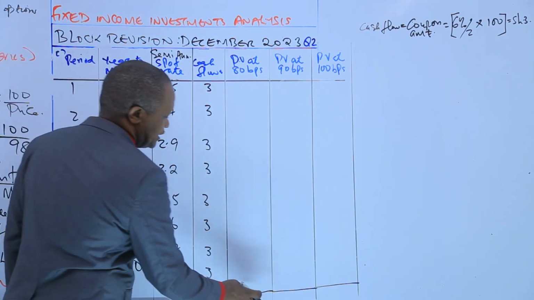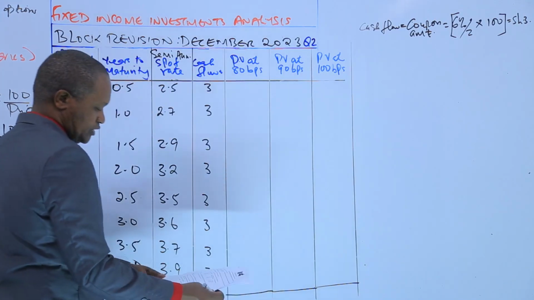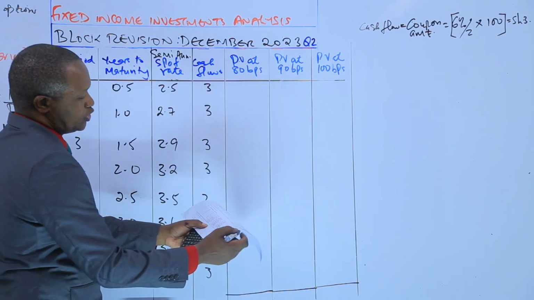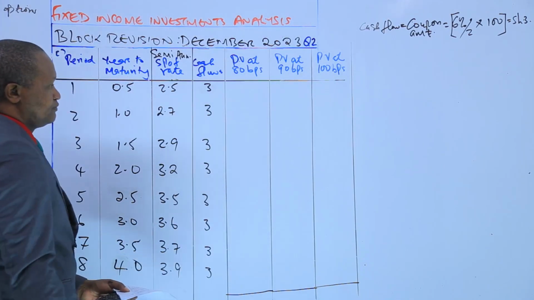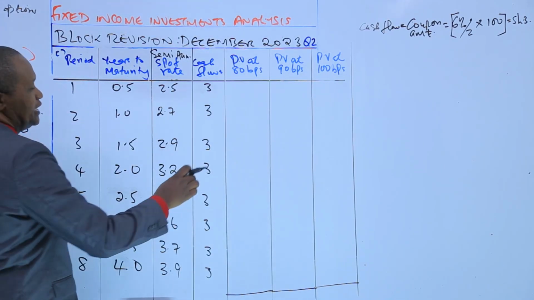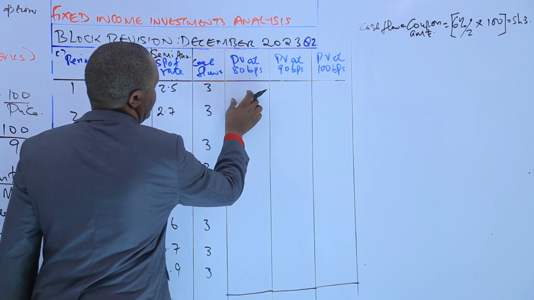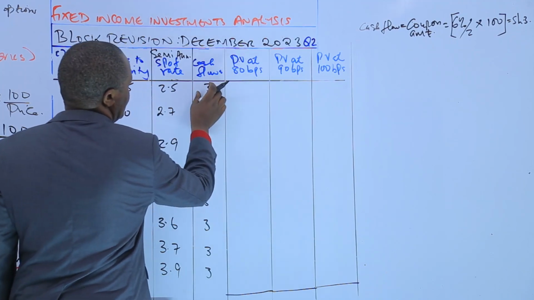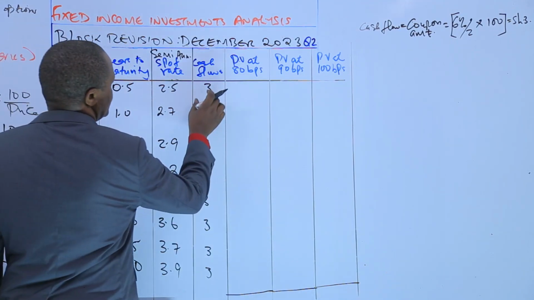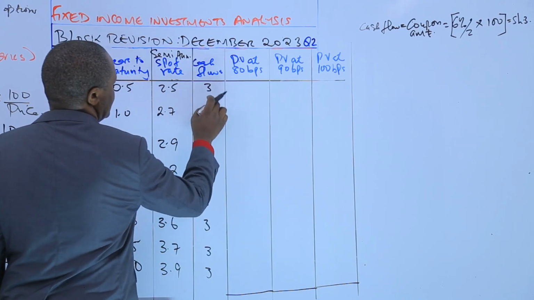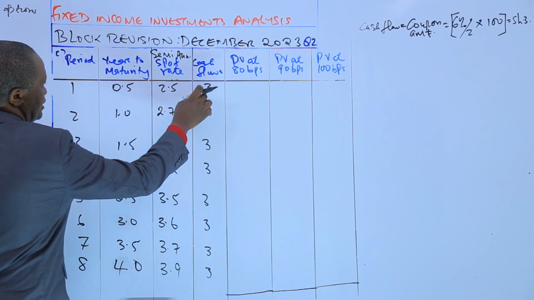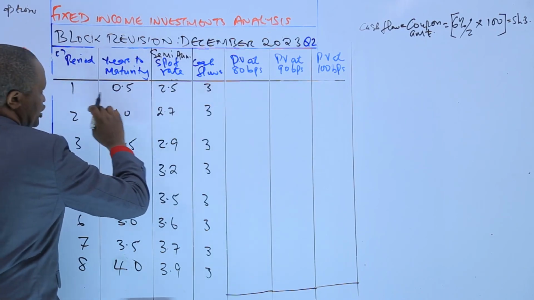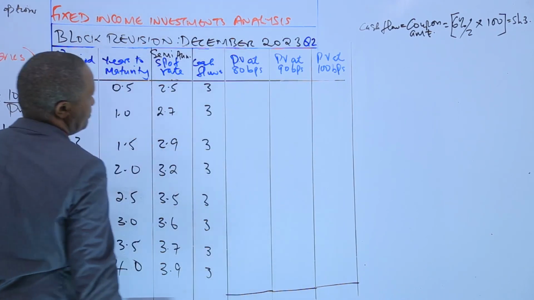So the amounts that we get here, we are going to compare and find out which one is equal to 91.4083 shillings. So what's the formula for calculating the present value of this cash flow? We are going to discount the 3 shillings at each period, then we total the amounts.